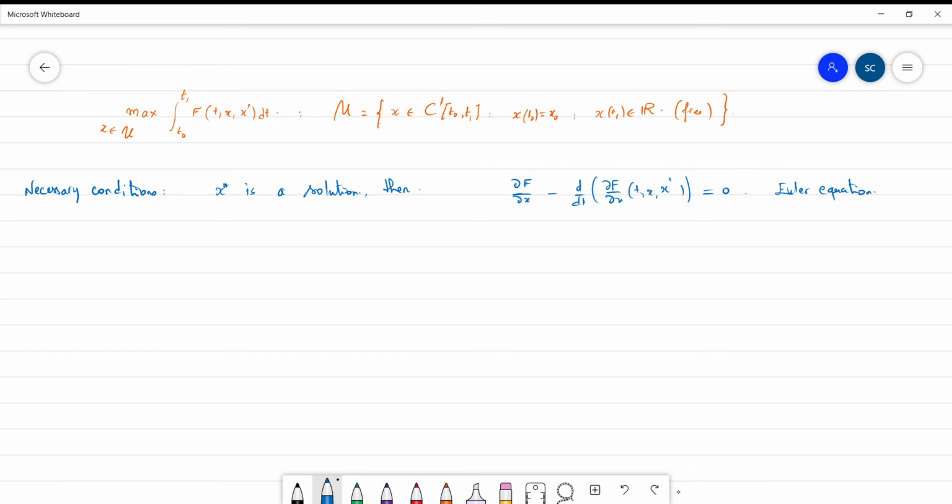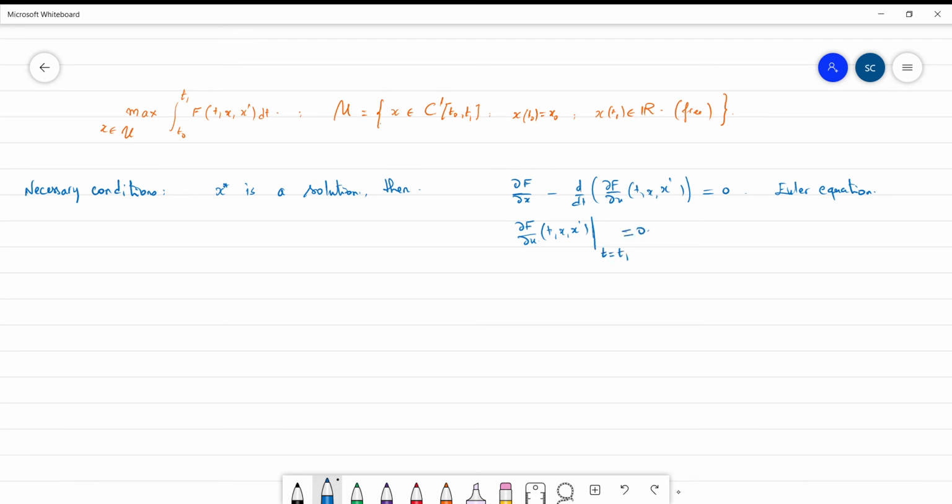And we will have a transversality condition. We show that the derivative df/du at (t, x, x'), applied at t equal t1, equals 0.